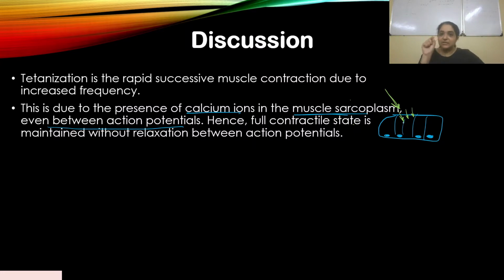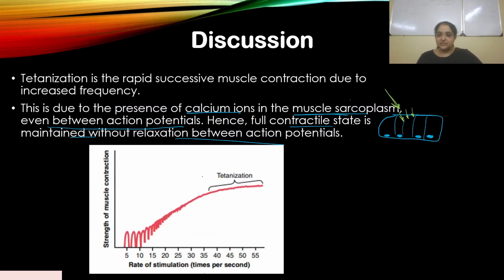It's continuously being contracted. Hence full contractile state is maintained without relaxation between action potentials, right? Makes sense, because in the body, if calcium ions are still present there, the muscle will always remain activated. The active sites are always exposed. It will be continuously activated. There's no break even between action potentials. This is actually called tetanization.